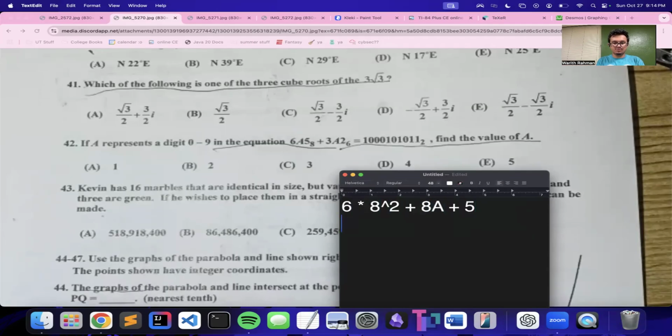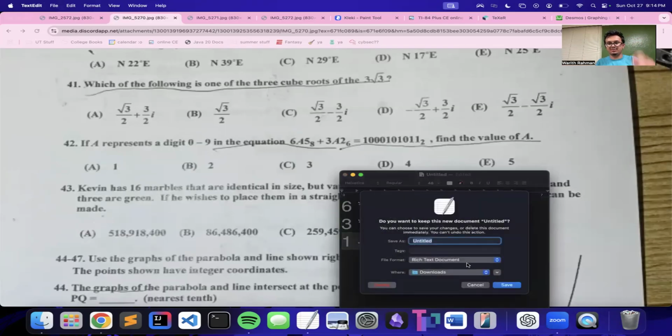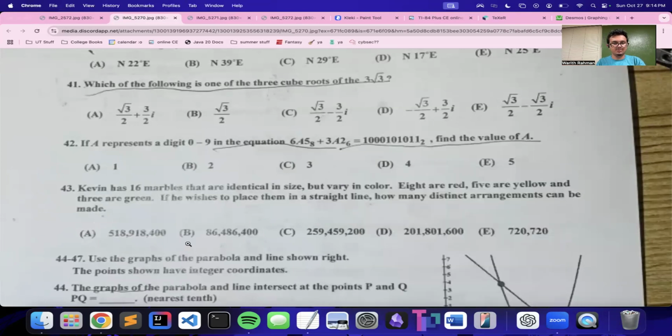The second one is 3 times 6 squared plus 6a plus 2. And this should equal, if you convert from binary to decimal, 1 plus 2 plus 8 plus 32, 61, 82, 56, 512. So the sum of these two is equal to this. Use equation solver, solve for A. As you can tell, I'm kind of on a bit of a time rush, but it's whatever.